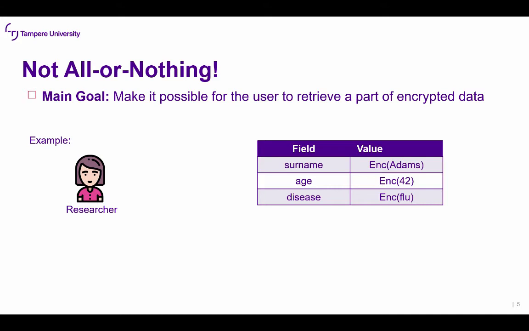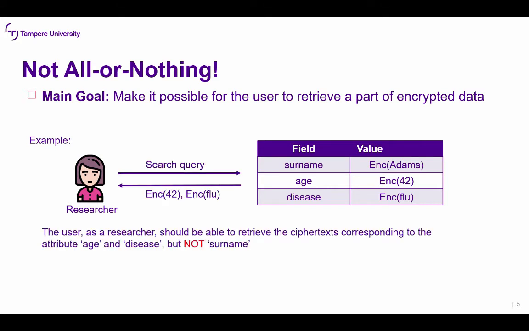So, just like before, Alice issues a search query, but this time she only gets back these values that correspond to the age and the disease of the patient and not the name of the patient. So this way, if Alice is indeed a researcher, she can perform some statistical analysis on the database without leaking the privacy of the patient.